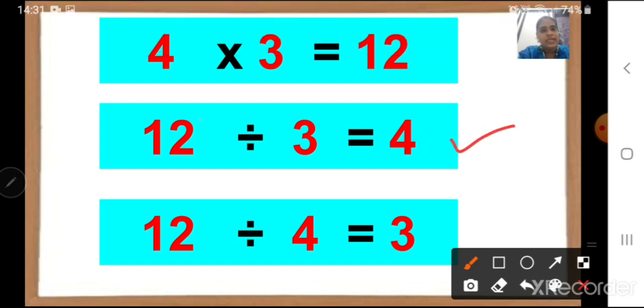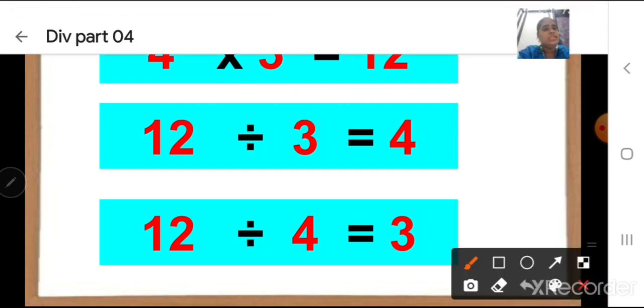When we divide the product by one of its factors, correct? Can you see here? Our first one is 4 into 3 is equal to 12. Now we are dividing by one of the factors, which is number 3. The answer, or the quotient, is the other factor. Okay, this is how multiplication and division are related to each other.